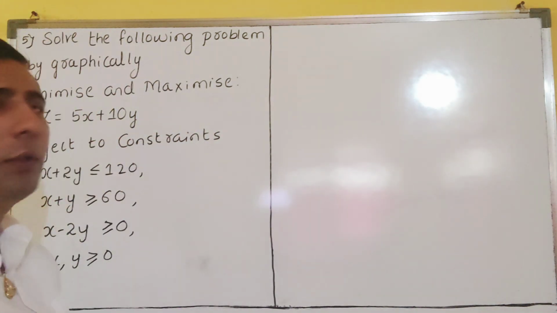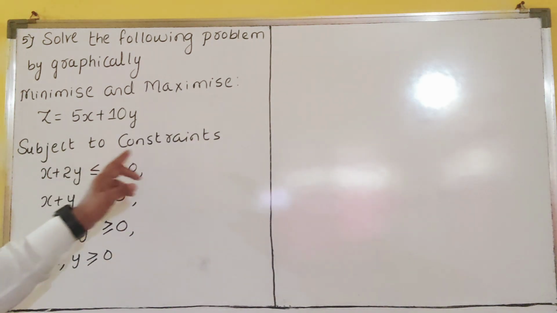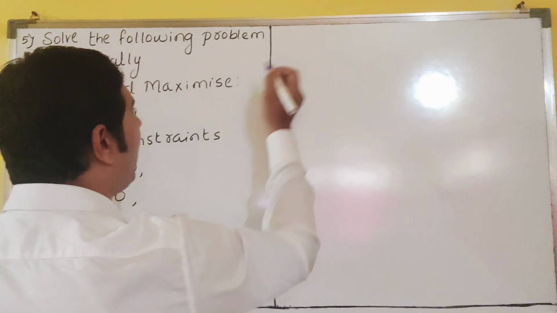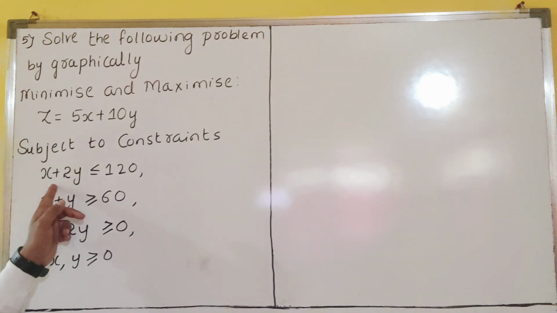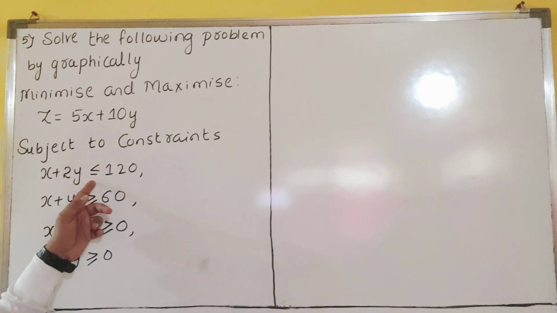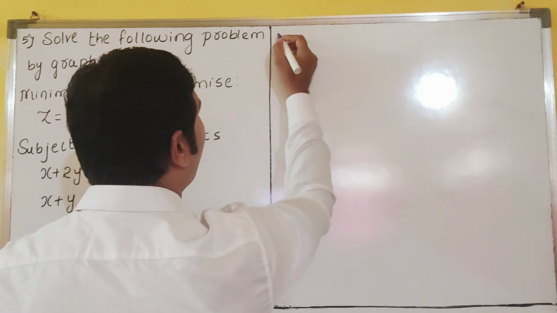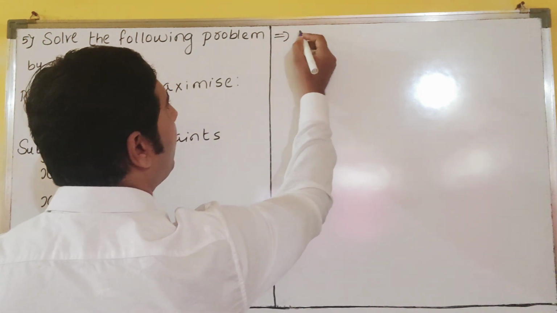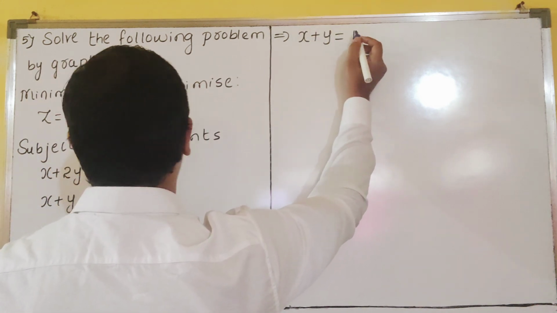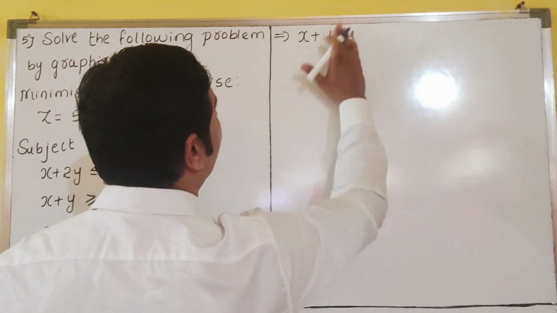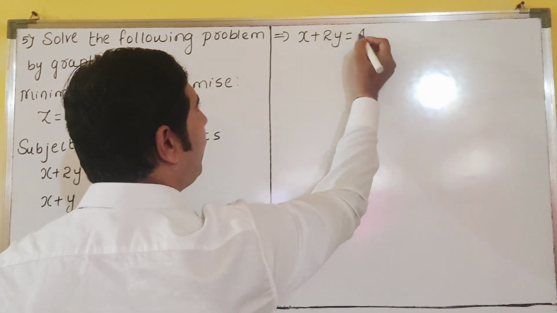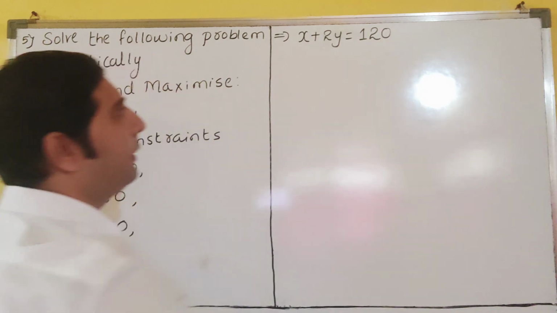We have to find it. So how to find, you see here, subject to constraints x + 2y is less than or equal to 120, dear students. x + 2y less than or equal to 120, this we have to make equal to 120 first. So x + 2y = 120, dear students.